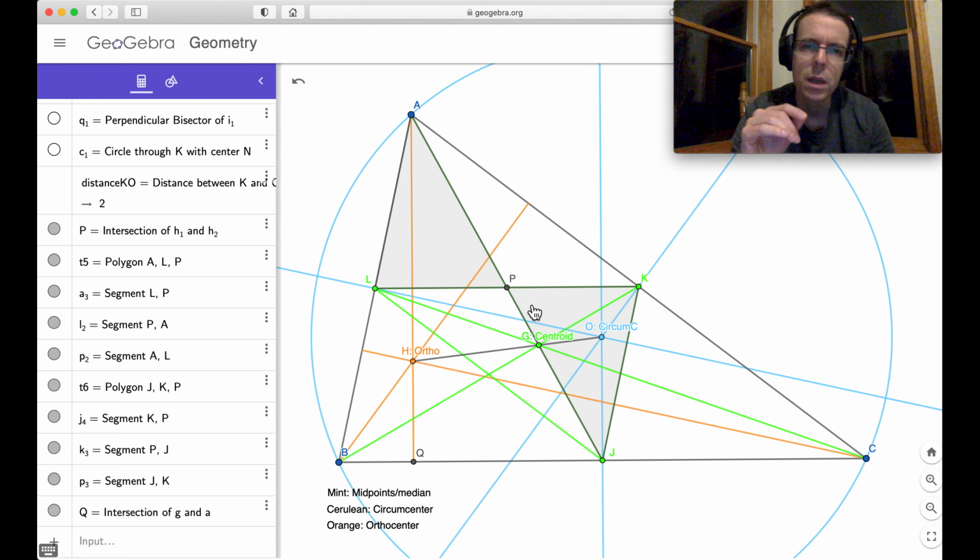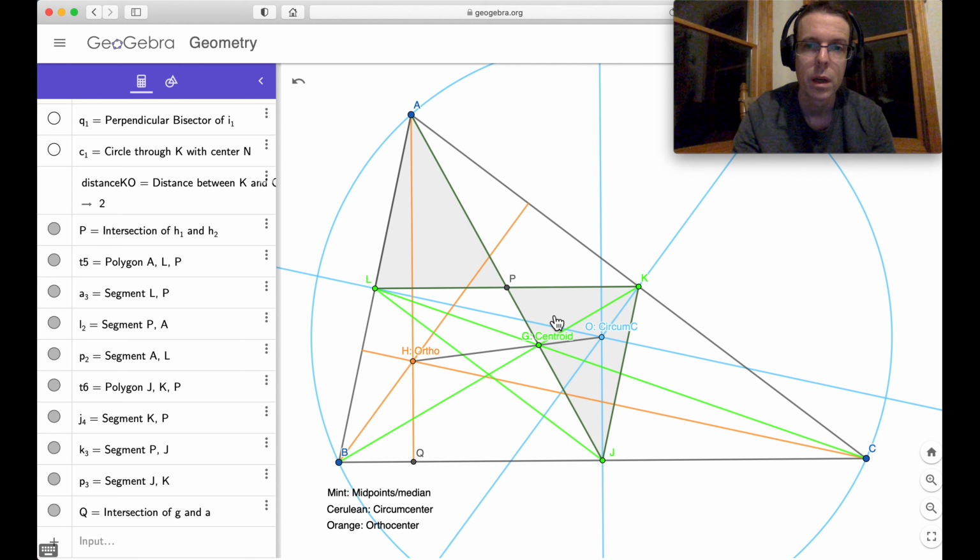Well, when we studied the medial triangle, we identified that the length JK was exactly half of the length AB. And since L is, by definition, the midpoint of AB, then the length AL must exactly agree with the length JK. So we know the angle equalities, but we also know that JK is equal to AL in length. And that means that these two triangles are not only similar, they're congruent.